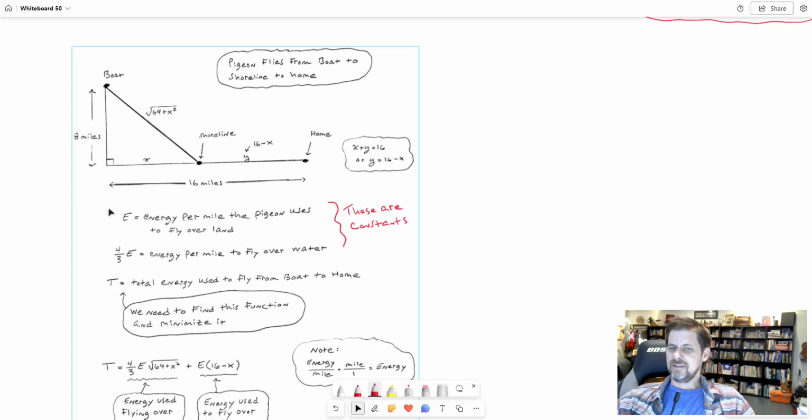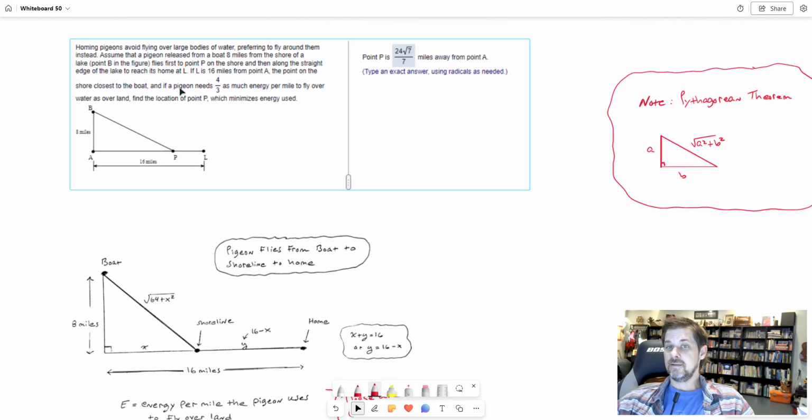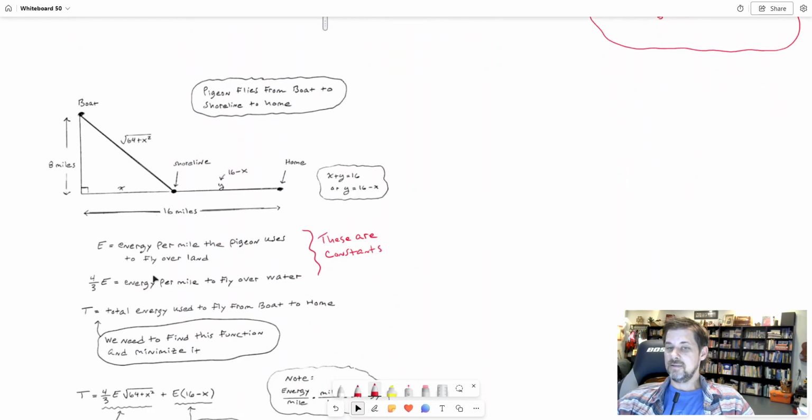Now, I've got to get this energy used to fly worked into this. So here's the way I did it when I solved it. I said, suppose E is the energy per mile the pigeon uses to fly over land. And if that's what I call capital E right there, then 4/3 times that is the energy used per mile to fly over water, okay?